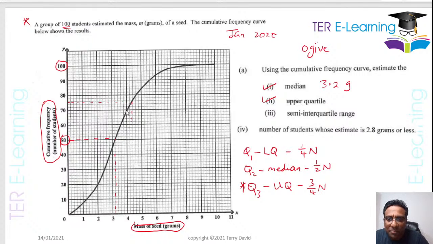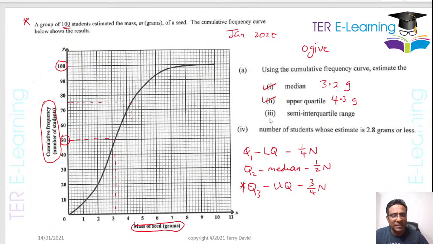Based on that, I am getting about 4.2, let's say about 4.3 grams, probably around there. You all need to be able to look at these curves and read off these values. So it's about 4.3.